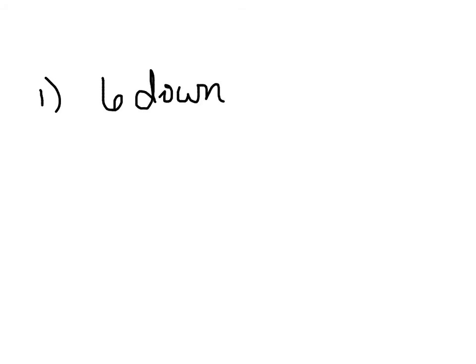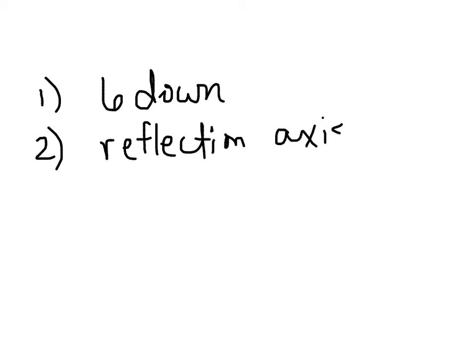Then it said followed by, so the second thing would be followed by a reflection in the x-axis. And the original starting graph is f of x equals the absolute value of x. Now this is where it's nice. The parent doesn't matter what it is. We're still going to do the same exact thing.